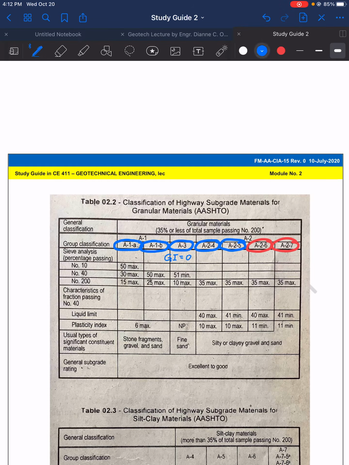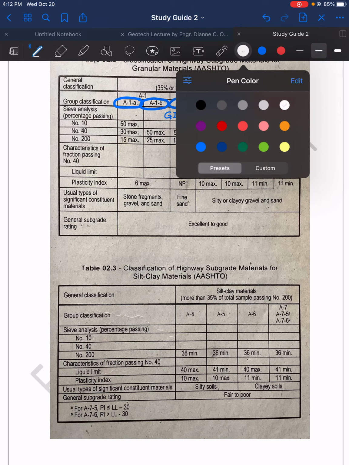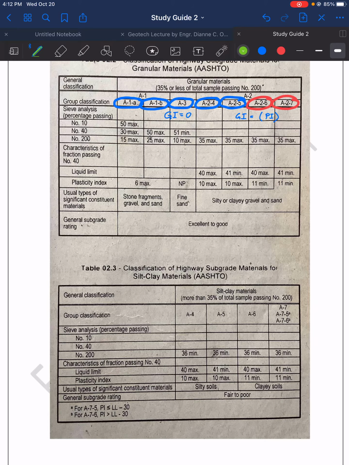So use the partial GI considering the PI. Okay? Now, how about the rest? How about if the classification falls in this category: A-4, A-5, A-6, A-7? Then, you are to use the whole GI.